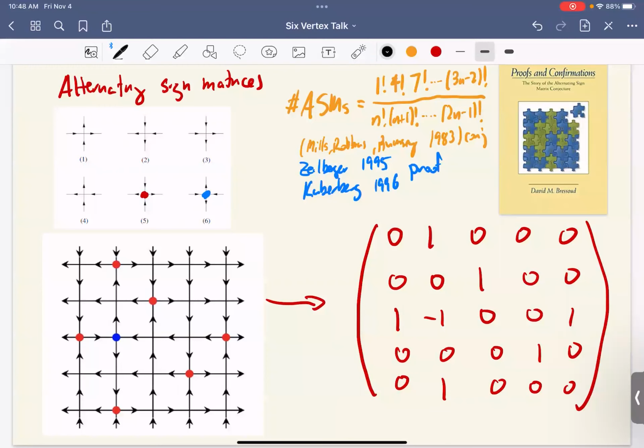Along every row and every column, the sum should be 1, and 1s and -1s should alternate. Okay, so along the first row, the sum is 1. Second row, the sum is 1. The third row, okay, the sum is 1, and I stick a -1 in there. So because the sum has to be 1, I always have to go 1, -1, 1, -1, maybe with some zeros stuck in between.